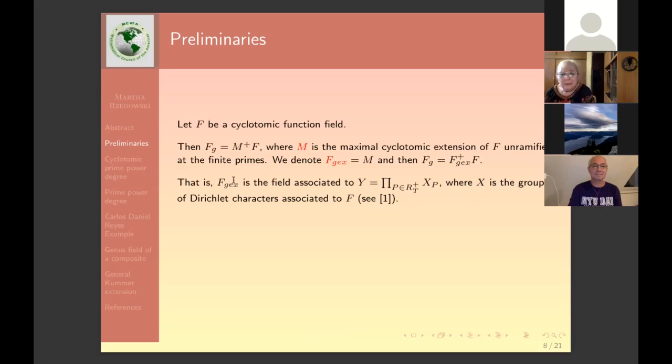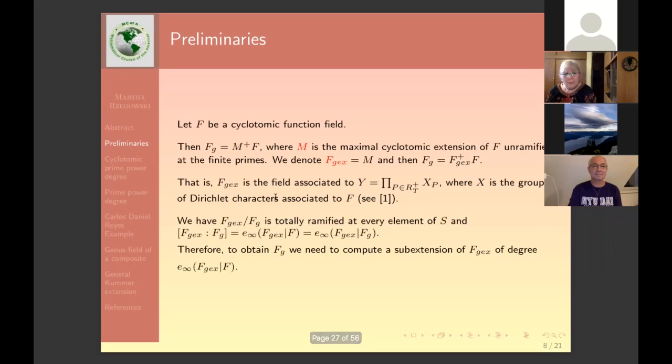And that corresponds to this extended genus field. We obtain that this extension is totally ramified at every element of S, and this degree is equal to these ramification indices. Therefore, to obtain Fg, we need to compute a subextension of degree of this type.